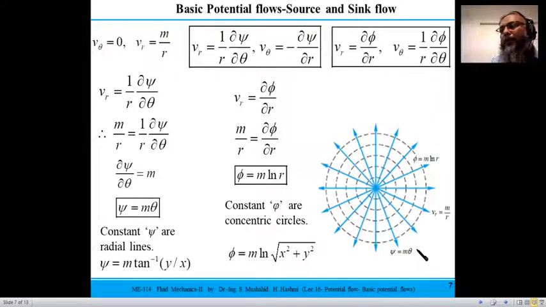The stream functions are represented by m times θ, because at every θ there is a corresponding stream function. Similarly, the concentric circles are represented by m times ln r, with r² = x² + y², which is the equation of a circle. So every circle is φ1, φ2, φ3 and so on, and the velocity in the radial direction is m over r, as we already know. So this is the basic flow. We call it a source and sink flow.